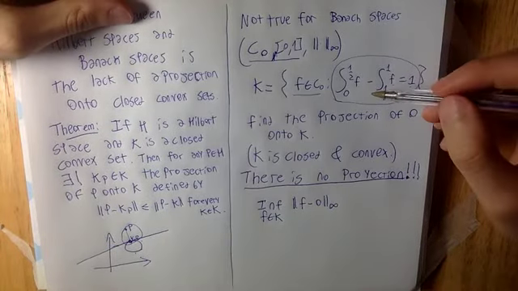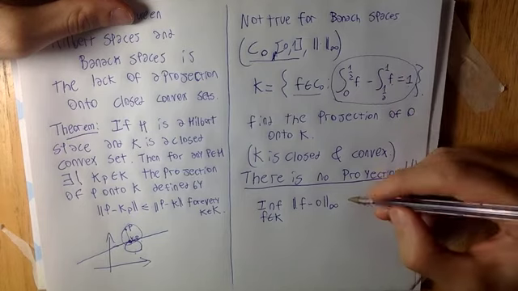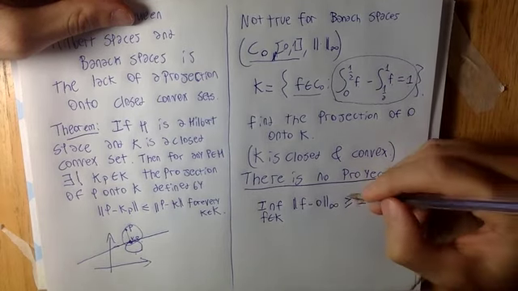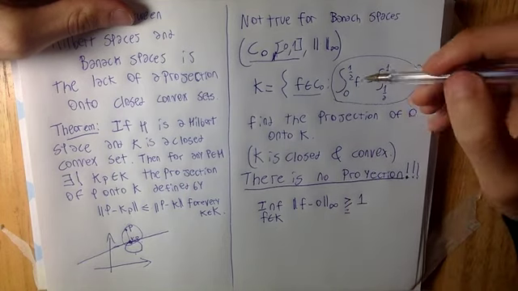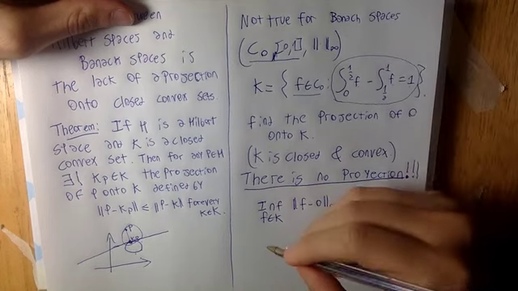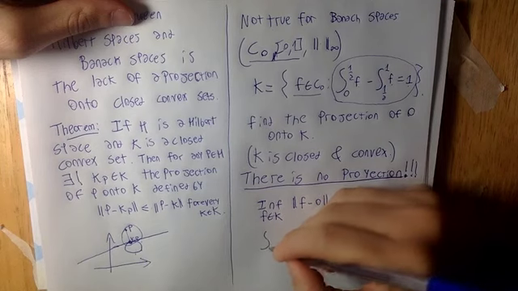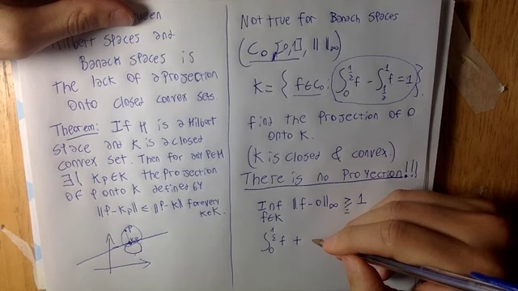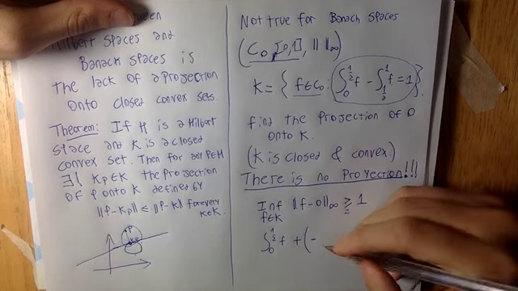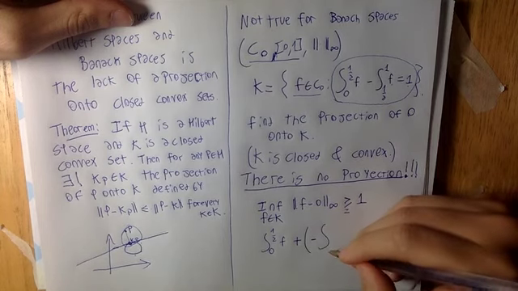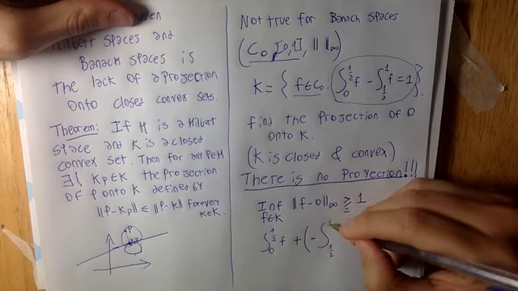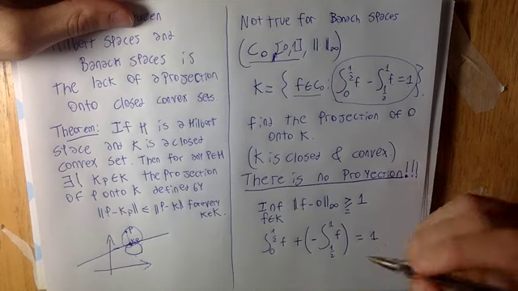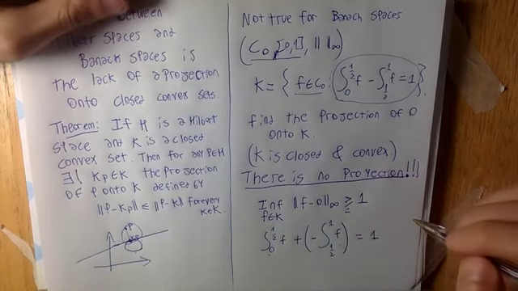We are going to show that this is bigger or equal than 1, and actually that it is equal to 1. If we take the integral from 0 to 1/2 of f, and let's put a plus just to make things a little weird, plus minus the integral from 1/2 to 1 of f, this is equal to 1. So we have two numbers that sum to 1.